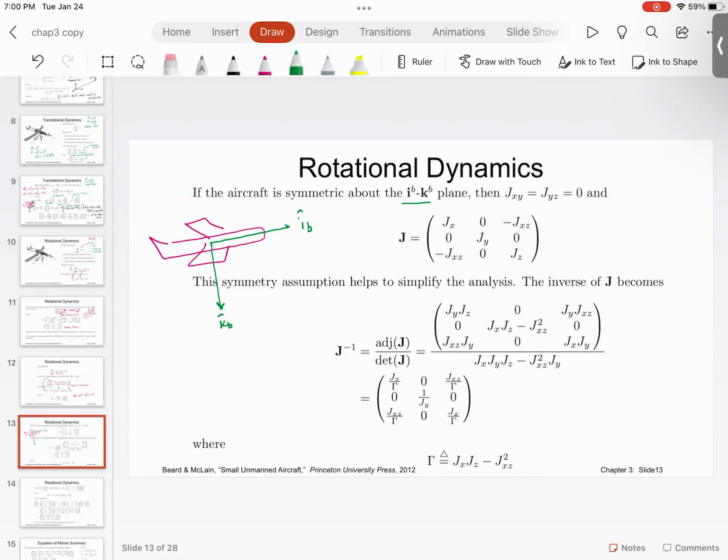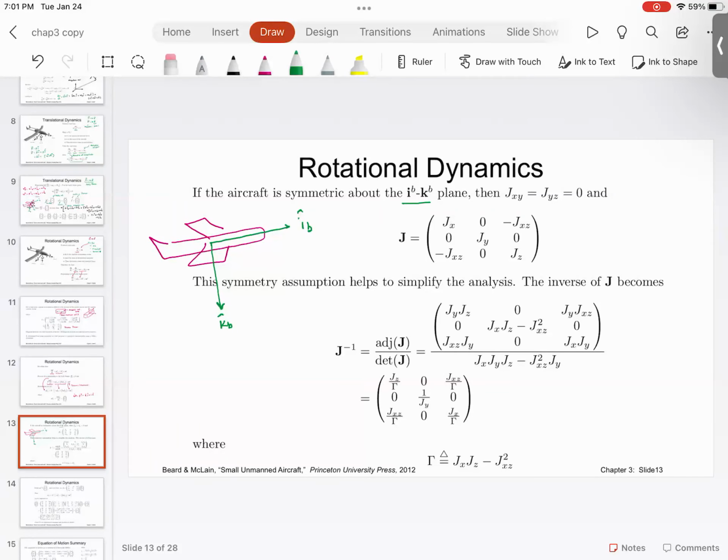Everyone understood this? Since this aircraft is symmetric in the sagittal plane, you just get the first row third column and third row first column term. If this were a sphere or a saucer, then all the off diagonal terms would be zero. You will only have the terms on the diagonal. Everyone understood this?